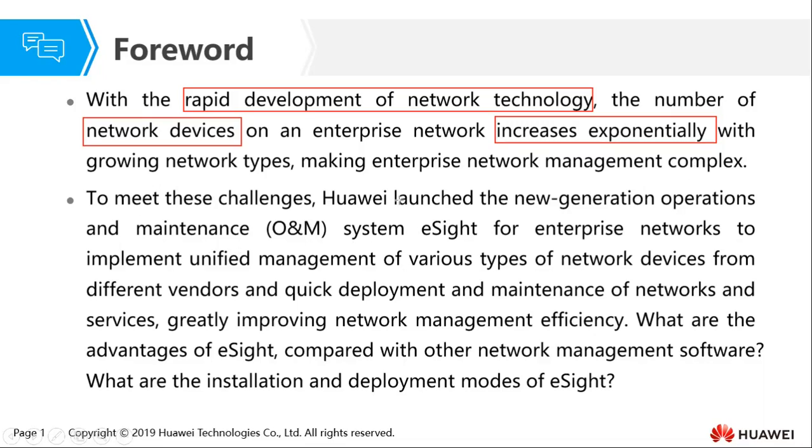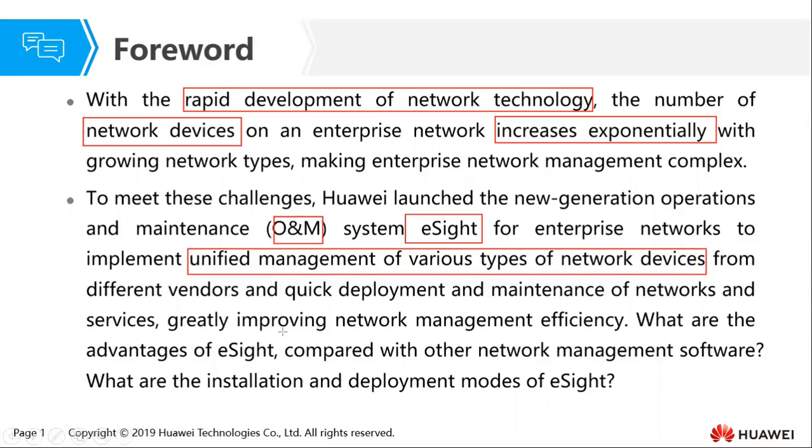So to meet the challenges, Huawei launched a new generation O&M, operation and maintenance system called eSight, for enterprise networks to implement unified management of various types of network devices from different vendors, and quick deployment and maintenance of networks and services, thereby greatly improving network management efficiency.